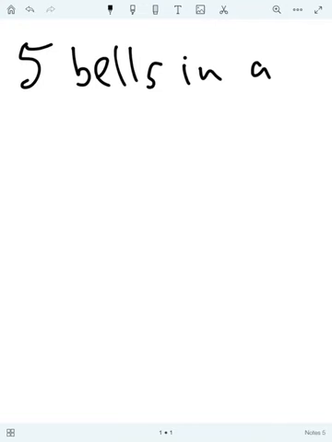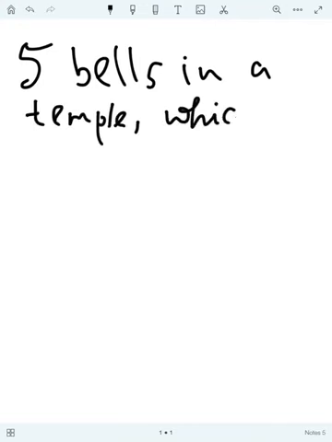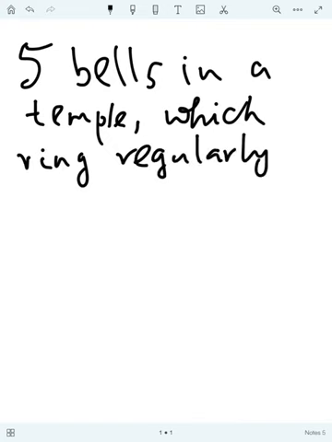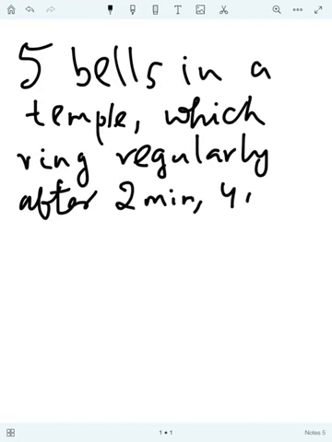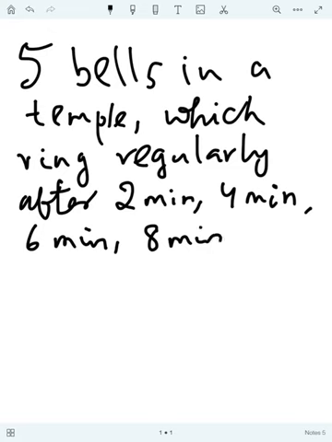Suppose in a temple there are 5 bells which ring regularly after 2 minutes, 4 minutes, 6 minutes, 8 minutes and 10 minutes respectively.